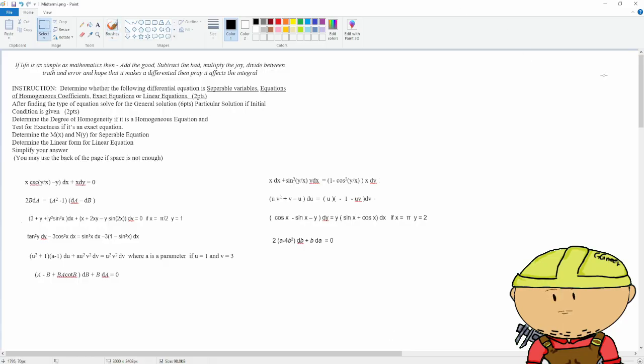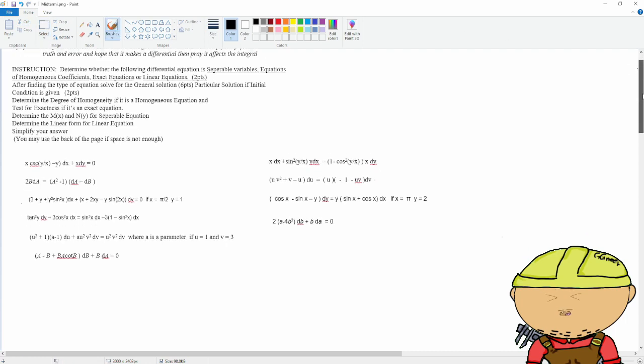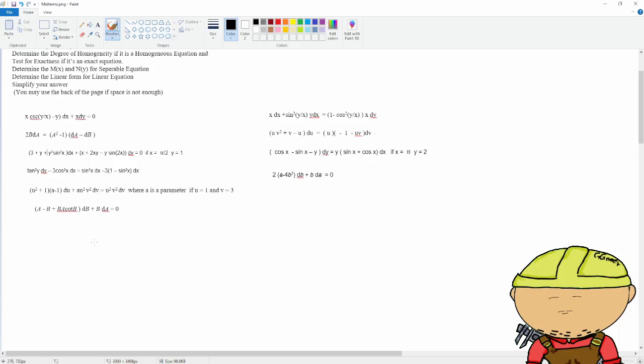Okay, for our first equation, let's start with the shorter one first. Let's try the bottom right one: 2a minus 4b squared db plus b da. Our equation has b and a as the two variables, dependent and independent.